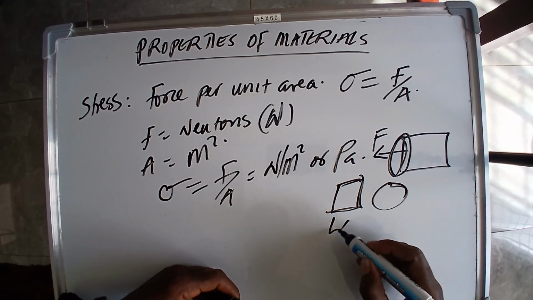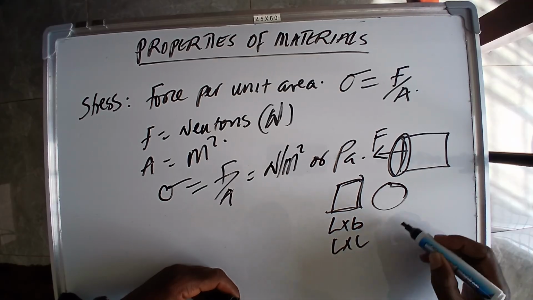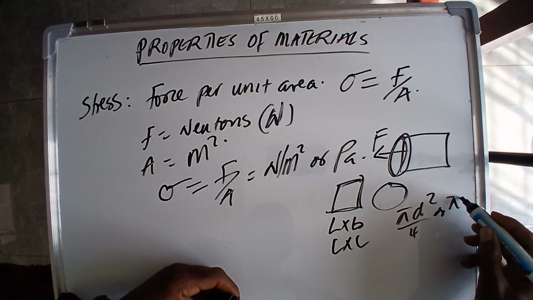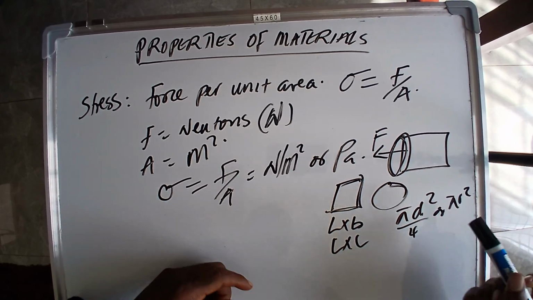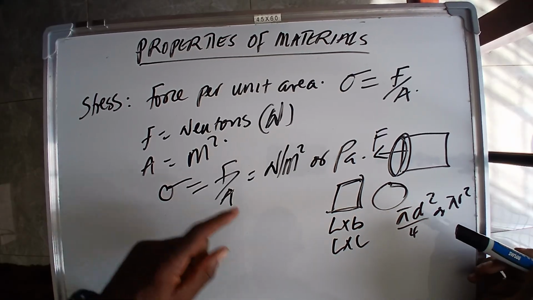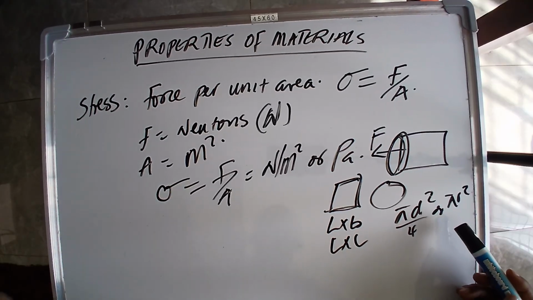For a rectangle, it will be L times B. If it's a square, L times L. If circular, this is pi D squared over 4, or pi R squared. Once you find this area, you put it there with the force that you are given, then you find the stress.